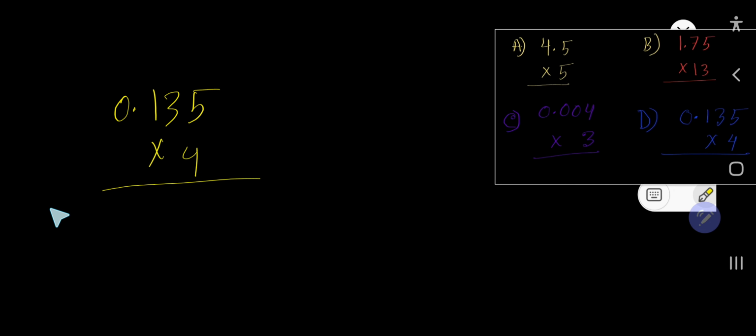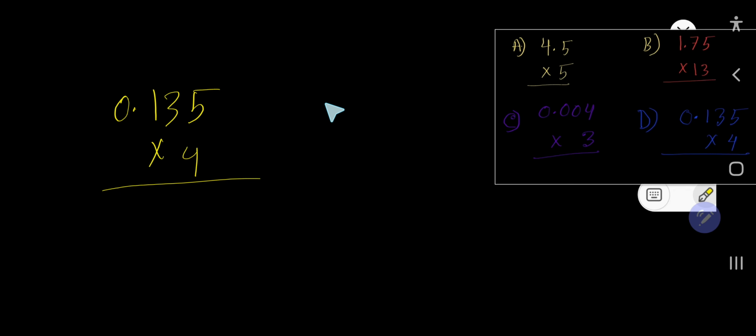Let us consider the fourth and last example. Okay, 0.135, and you need to multiply by 4, right?